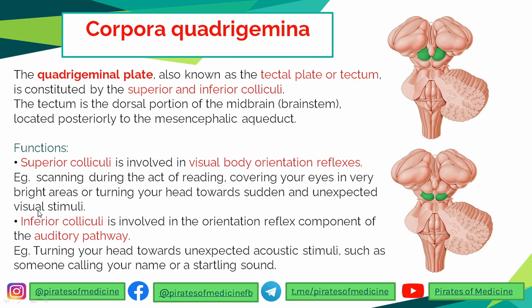Then you have the inferior, which leads to auditory orientation reflex. For example, I call your name, and you move your head towards me, so your body reacts to the auditory signal and you change your orientation. So this is by inferior colliculi of corpora quadrigemina.